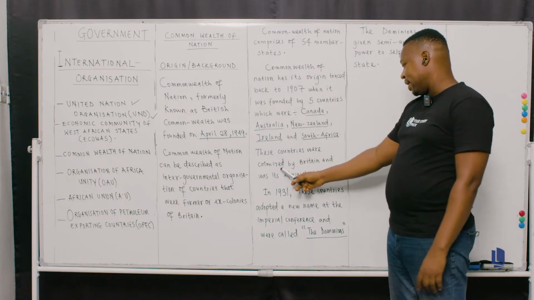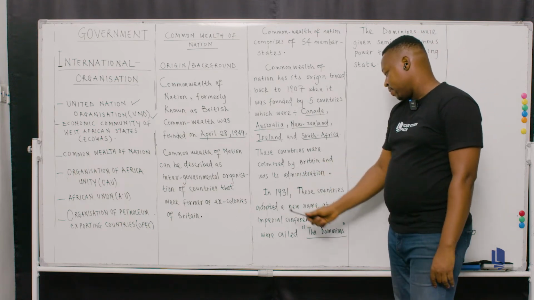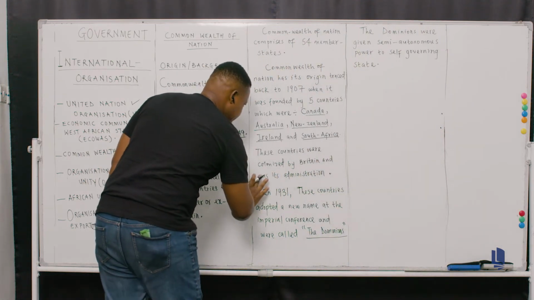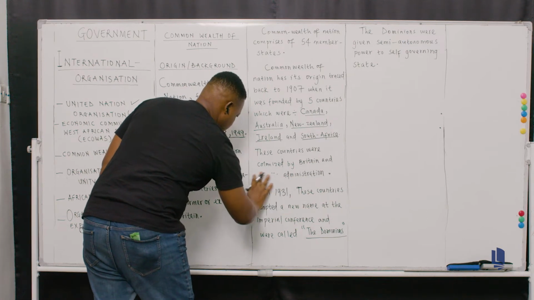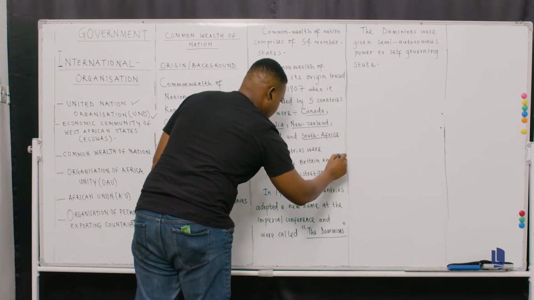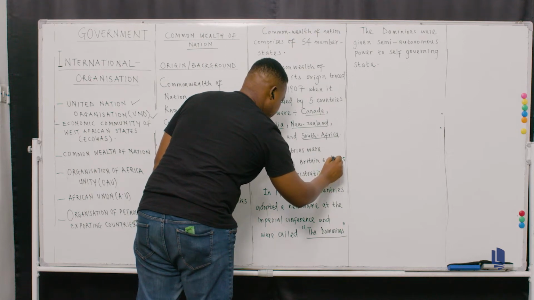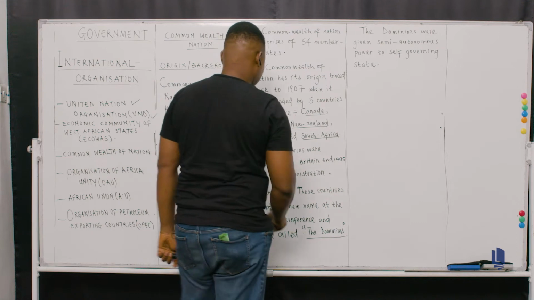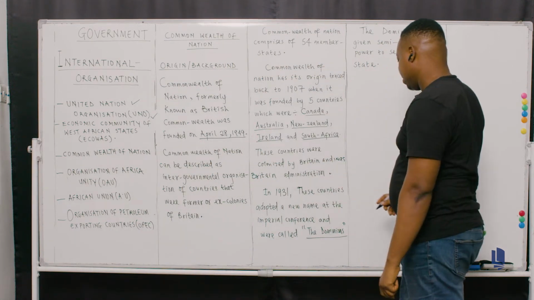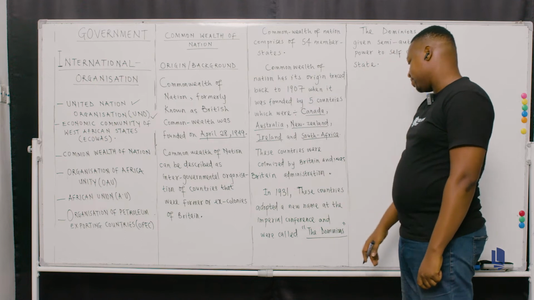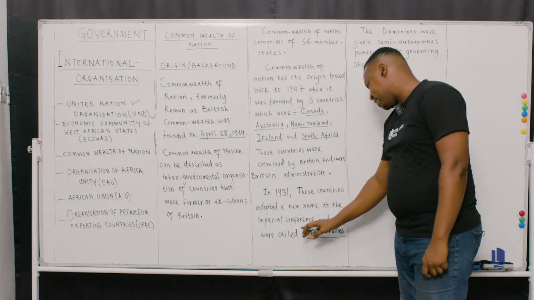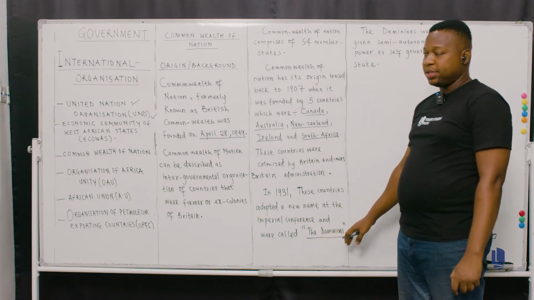These countries were colonized by Britain and were under Britain's administration. In 1931, these countries adopted a new name at the Imperial Conference and were called the Dominions.